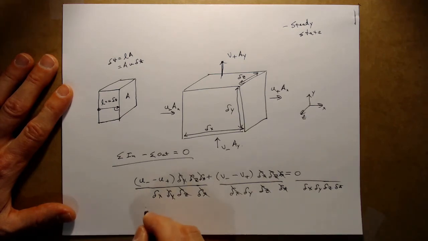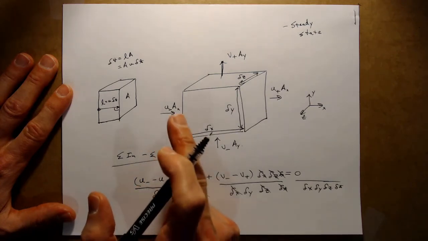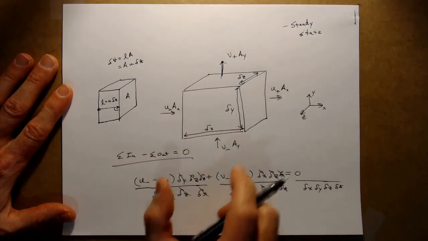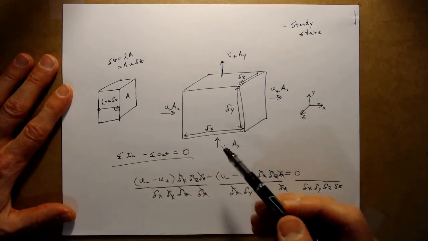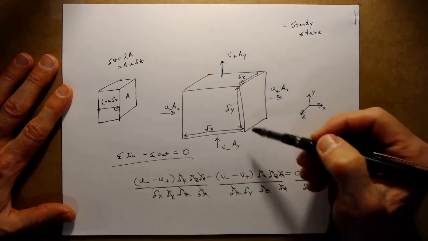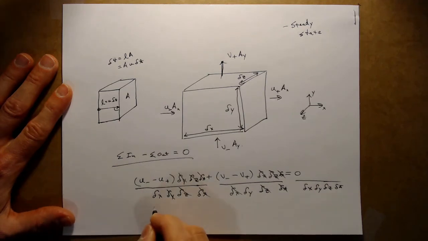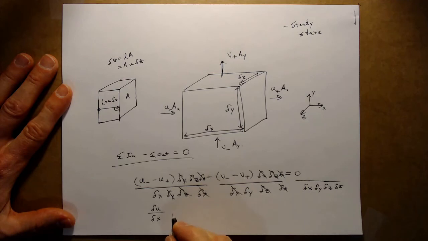We're going to say that the change in velocity between the left face and the right face divided by the length of our region of interest plus the change in velocity between the bottom face and the top face over the height of our region of interest is equal to 0. So I can rewrite this as the change in velocity along x divided by the length of the region that I'm interested in.